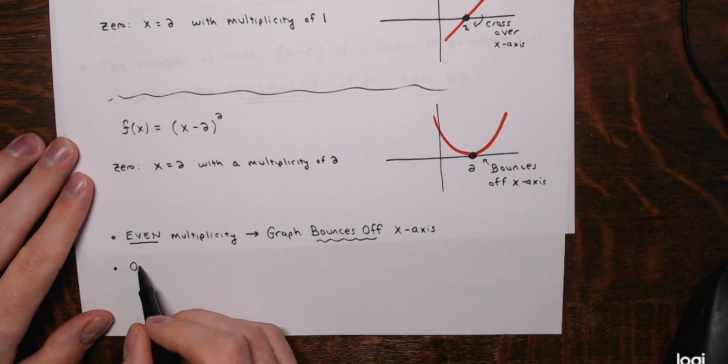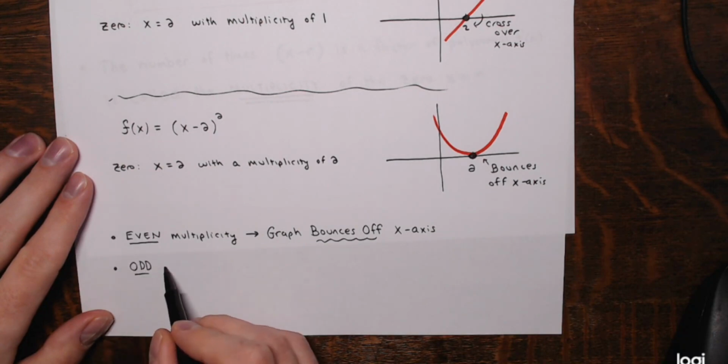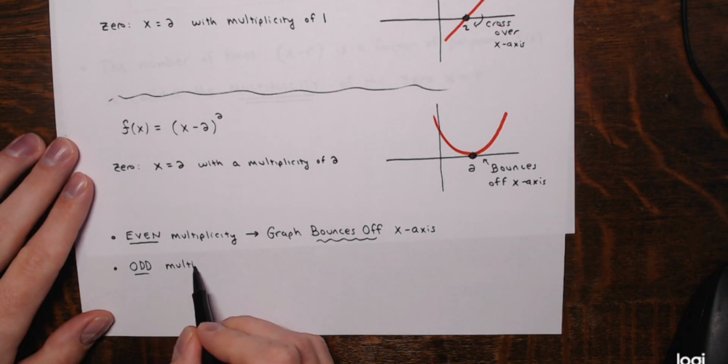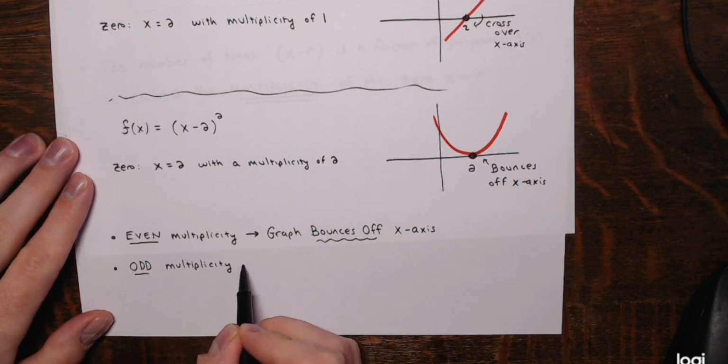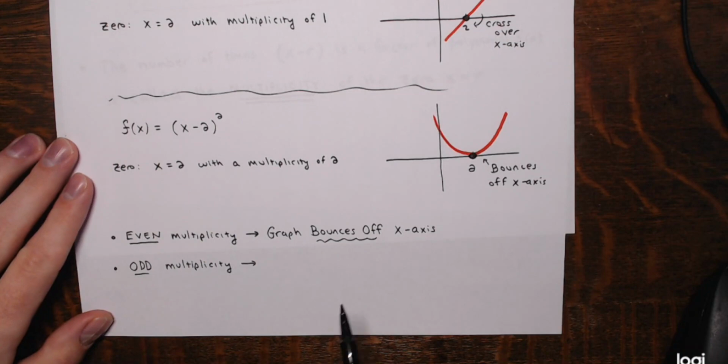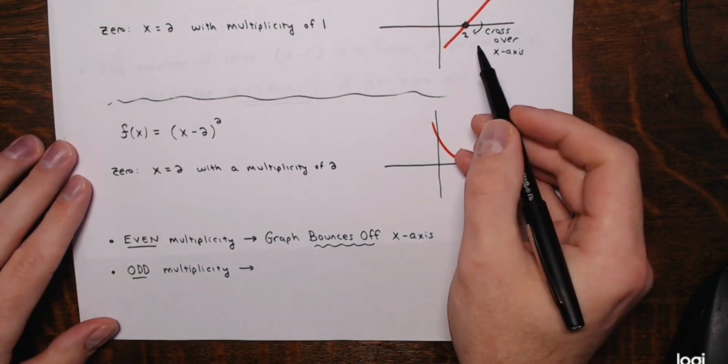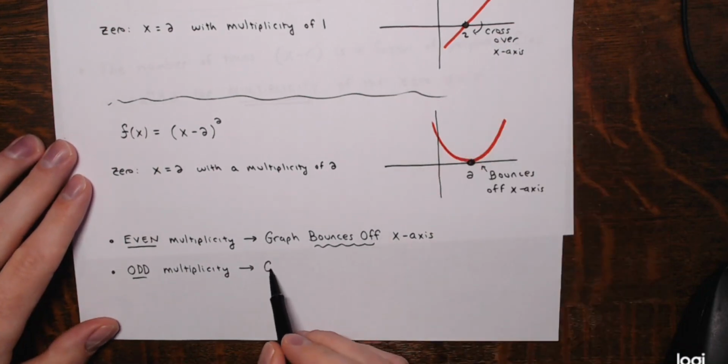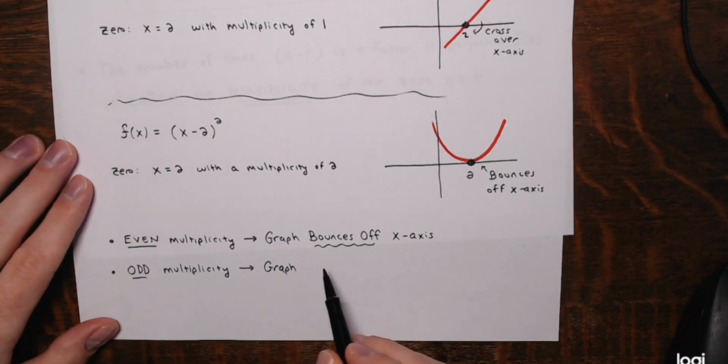If you have an odd multiplicity, as we've been seeing, the graph crosses over the x-axis at that x-intercept.